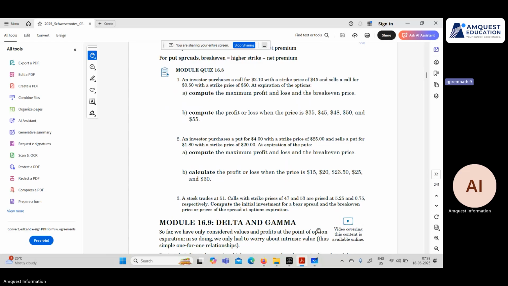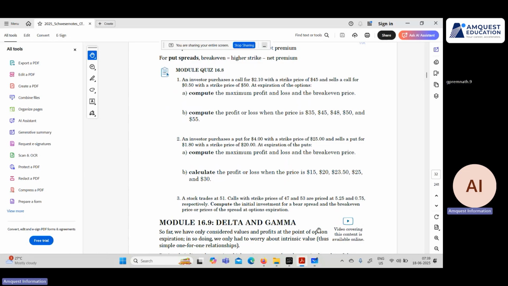Maximum profit is higher strike price 25 minus lower strike price 20, minus net premium paid, which is 4 minus 1.8, which is 2.3. So 5 minus 2.3, this is like 3.7. No, 2.7.